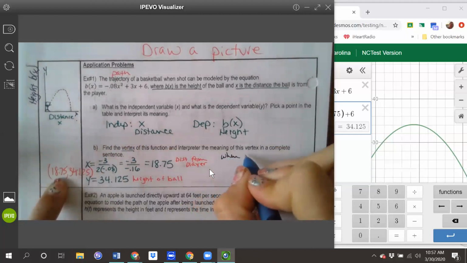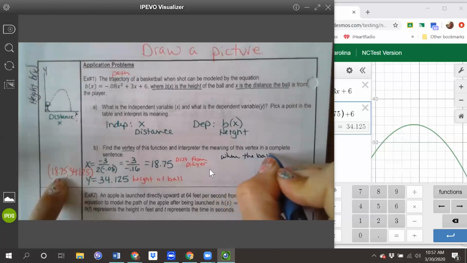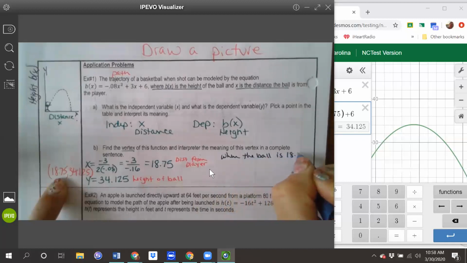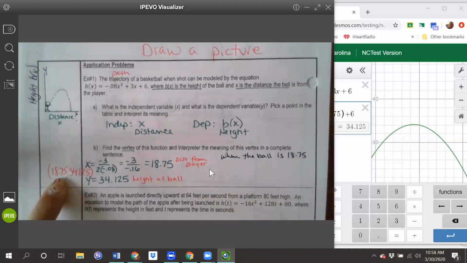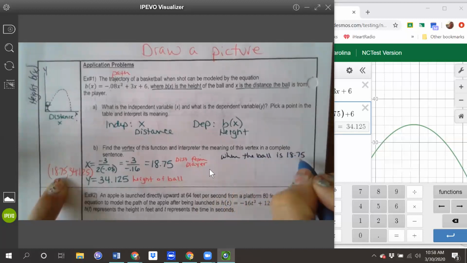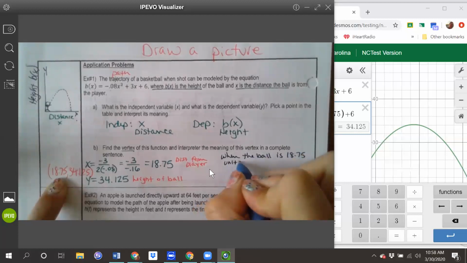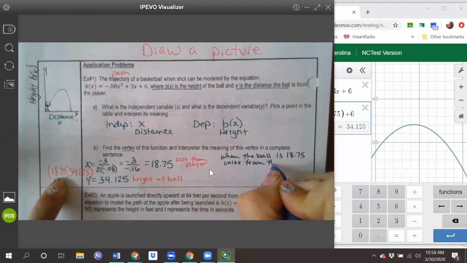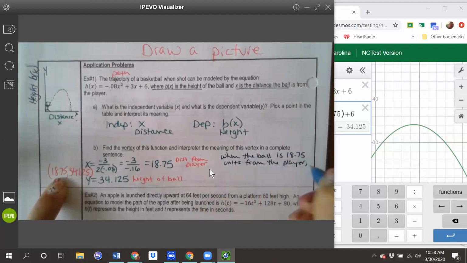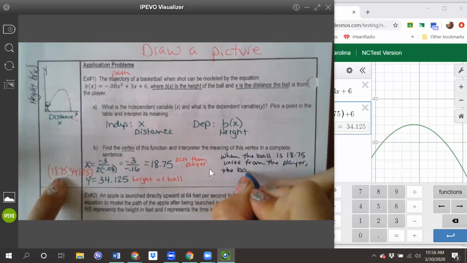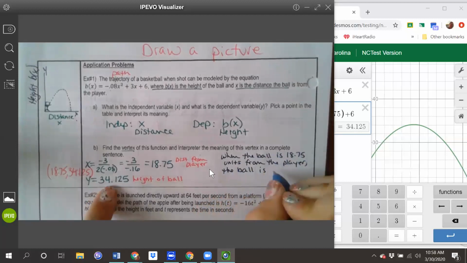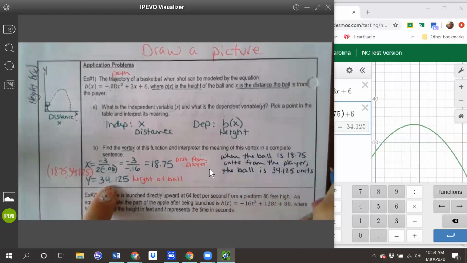When the ball is 18.75, what are my units? Does it tell me? It does not. When the ball is 18.75 units from the player, the ball is 34.125 units high, or above the ground would be fine as well.